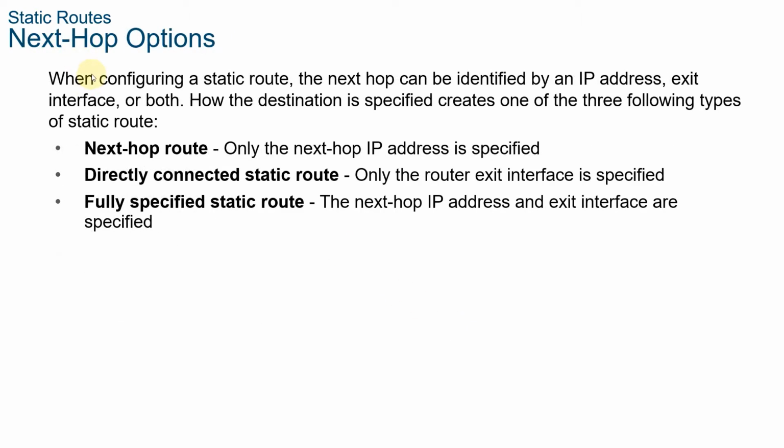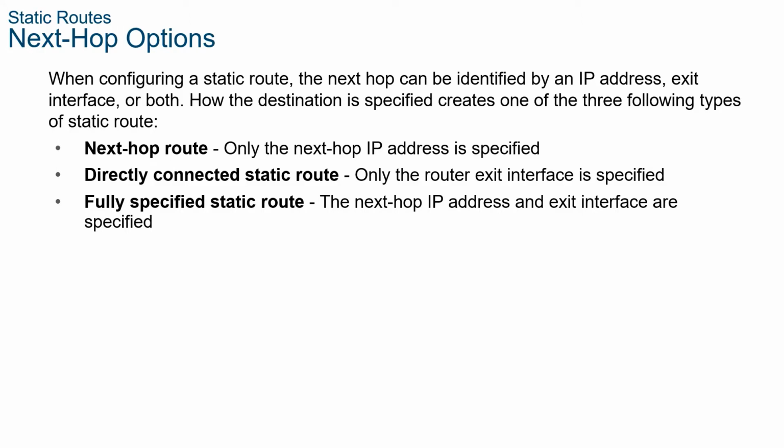Okay, so the next one would be the next hop options. When configuring a static route, the next hop can be identified by an IP address, exit interface, or both. How the destination is specified creates one of the following three types of static route. The first one would be the next hop route.